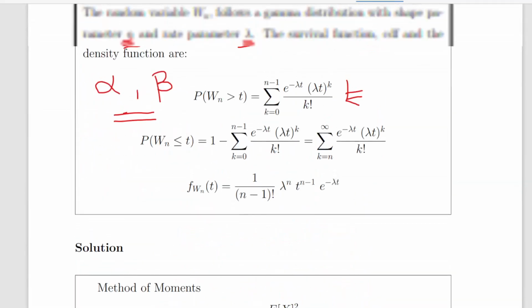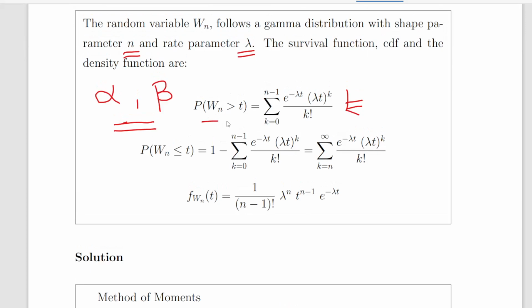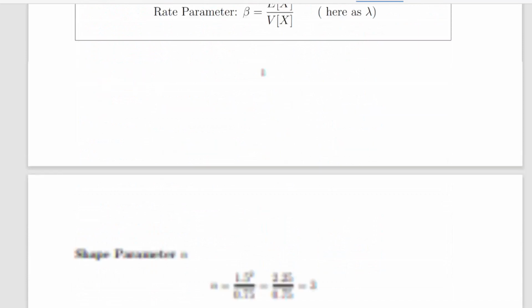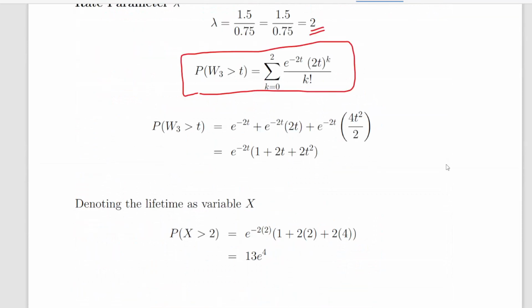So this particular formula here, n minus 1, that's 3 minus 1. So k equals 0 to 2, and we have e to the minus lambda t times lambda t to the power of k divided by k factorial. That's where we'll use our value of lambda equal 2.